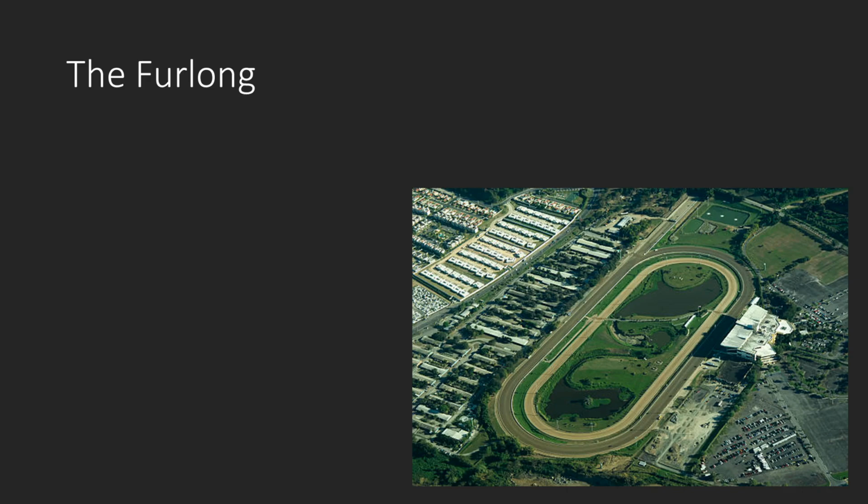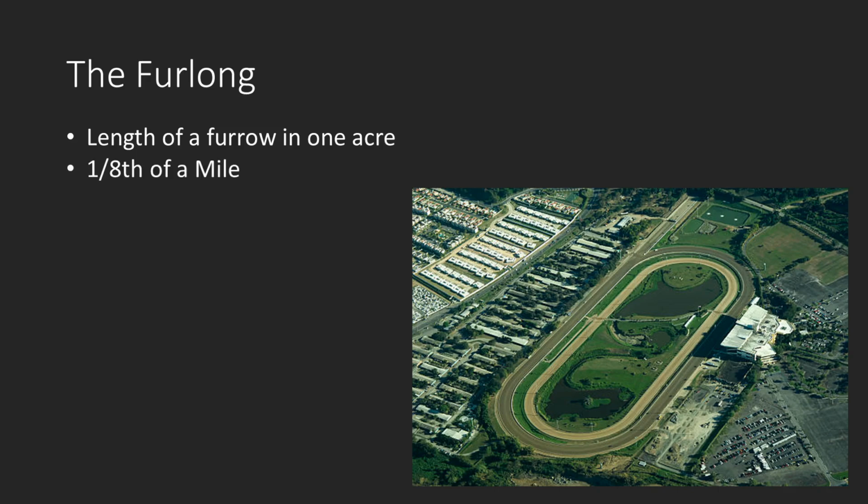Practically everyone back then would have farmed in some capacity, and the furlong is a common farming measure. It is the length of a furrow in 1 acre, and as I understand it, the square footage of an acre is 660 by 66 feet. The furlong is 1/8 of a mile, which is 660 feet, or 440 cubits. There are 7,920 inches in a furlong.